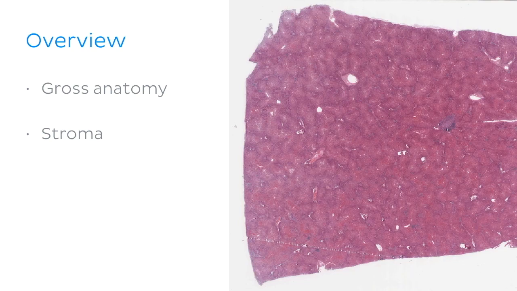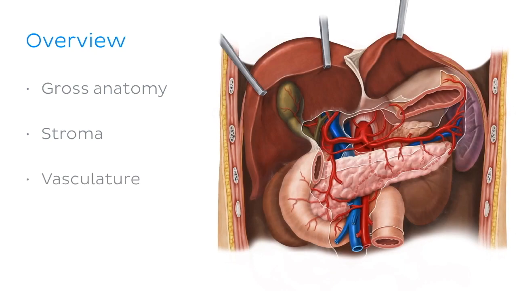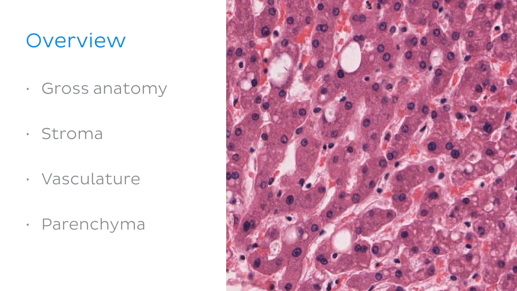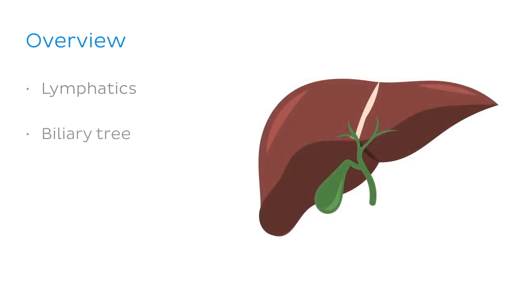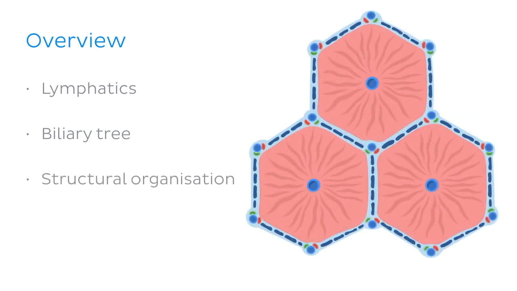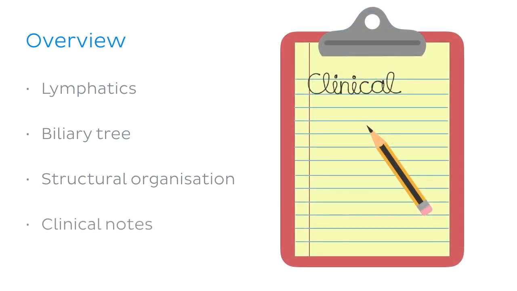Then we'll speak about the arrangement of the liver's internal vasculature, as well as the parenchyma or functional tissue of the liver. We will then talk about the arrangement of lymphatic vessels and the biliary tree in the liver. Finally, with that information in mind, we'll be able to appreciate the different methods of describing the structural organization of the liver. And we'll finish up with some clinical notes, which will put liver histology into perspective.